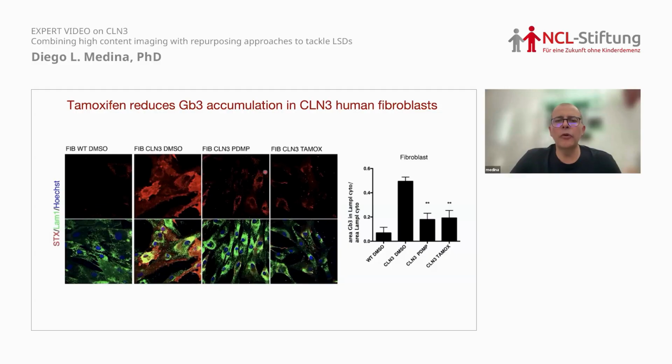As a positive control, we use an inhibitor of the glycosphingolipid synthesis pathway, which is called PDMP. In the bar plot, you can observe the dramatic downregulation of GB3 accumulation in cells treated with tamoxifen.